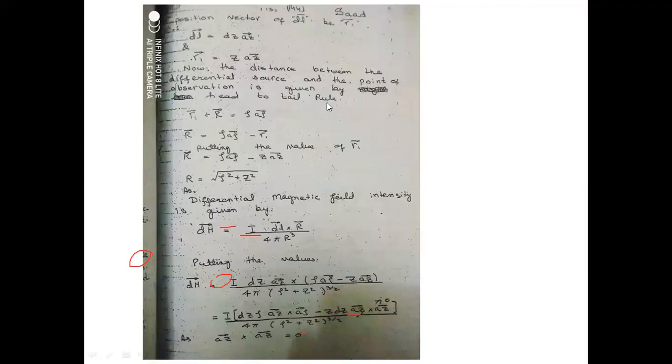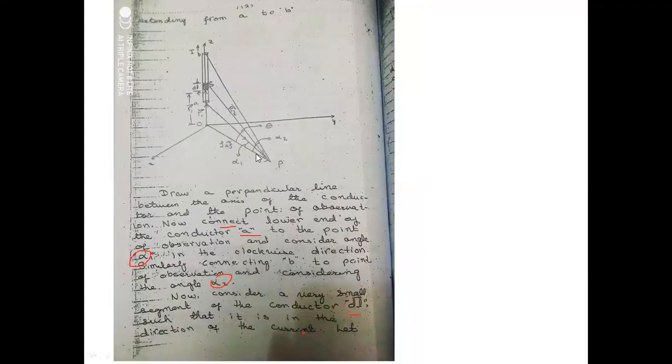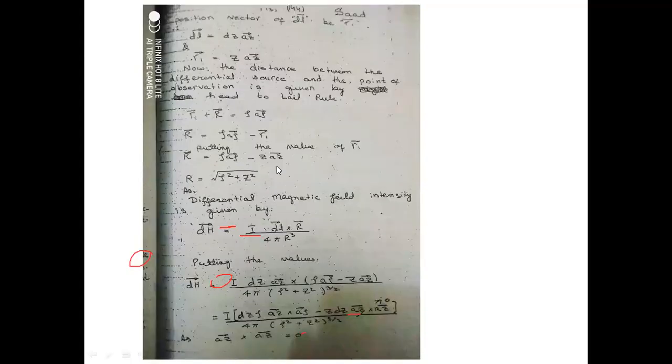Now from the head to tail rule, r1 plus r is equal to rho arrow. This perpendicular line is in the direction of rho, so we can call it rho arrow. So r is equal to rho arrow minus r1, and putting the value of r1 equal to z az, this is the r.